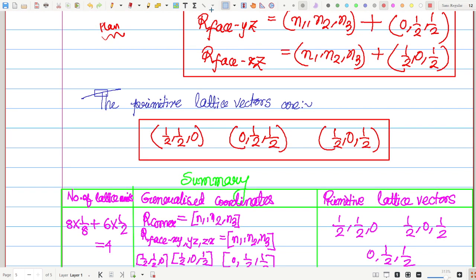Just like BCC, we can create a primitive unit cell. So let me try to create it. It might get clumsy, but let me try at least to create this.